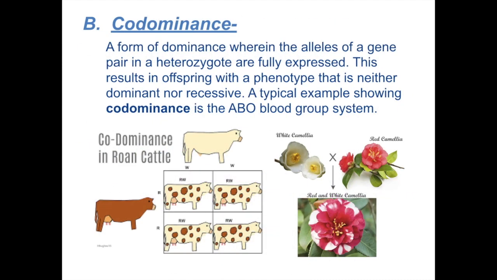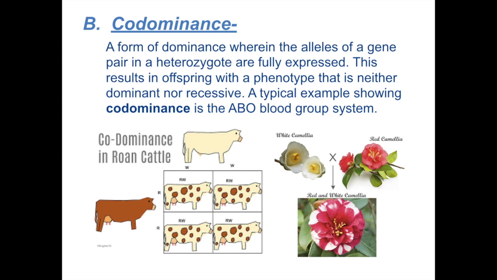But for codominance, it wouldn't be pink. It would actually still give a mix, but with those flowers, it might be a red flower with white dots. In this case, the example of roan cattle, if we have a white cow and an orange colored cow, it will give you a white cow with orange spots.